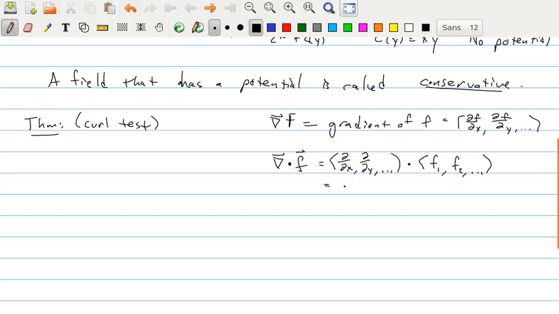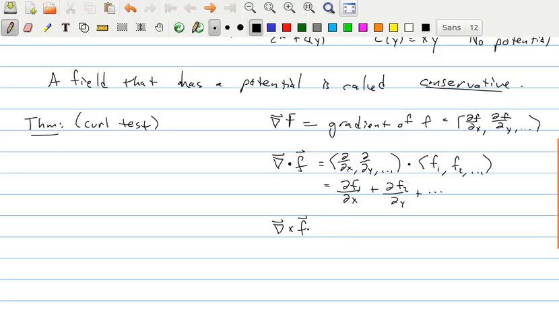To do the dot product, you multiply the first components together. So this is the partial of f1 with respect to x plus the partial of f2 with respect to y plus and so on. In this section, we're not going to look at this divergence yet. But it's one of the three main operations, so I just want to give you the definitions now, and we'll come back to divergence later.